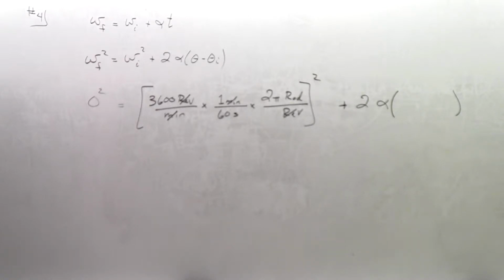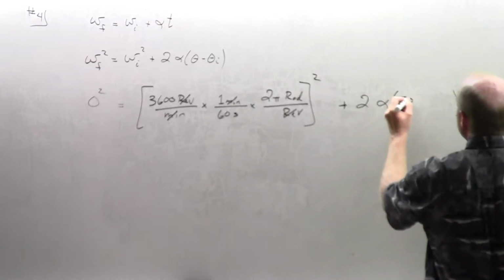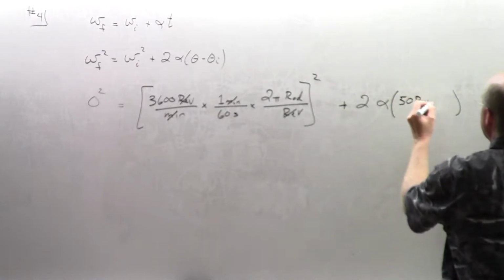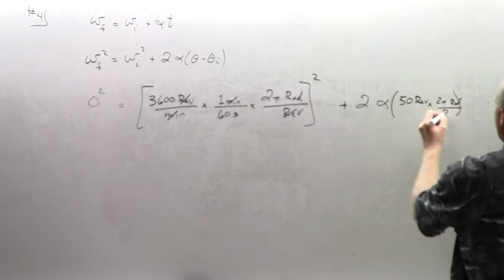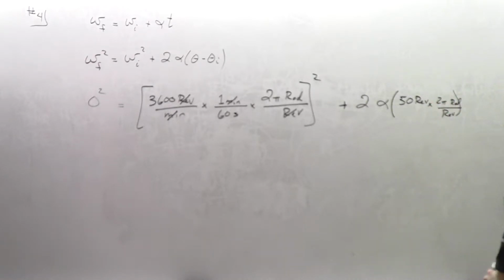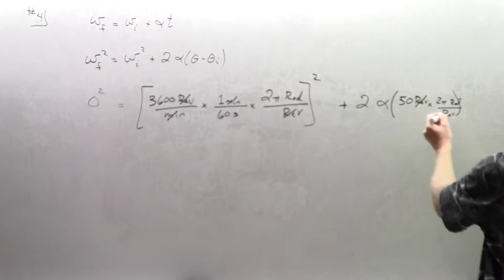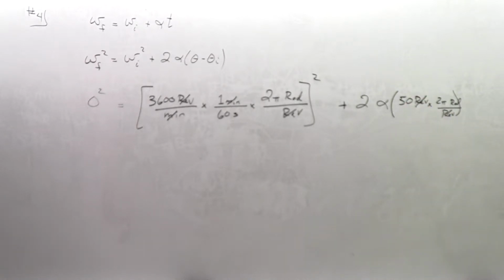But how far did it go? Well, it says it takes 50 revolutions before it comes to a stop. So this would be 50 revolutions, but 2 pi radians are in 1 revolution. And so that's going to convert my revolutions into radians.